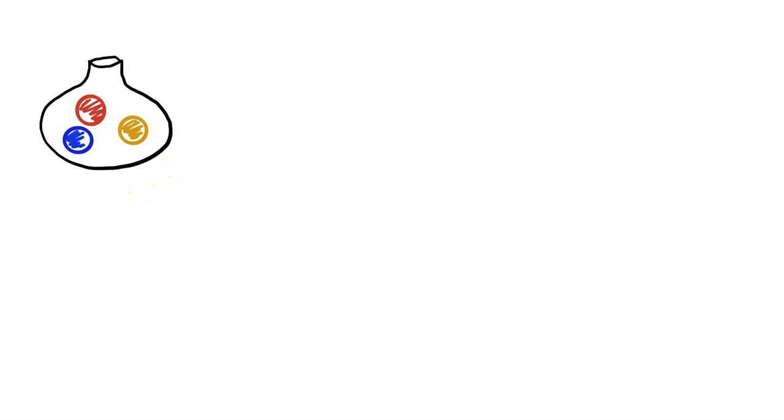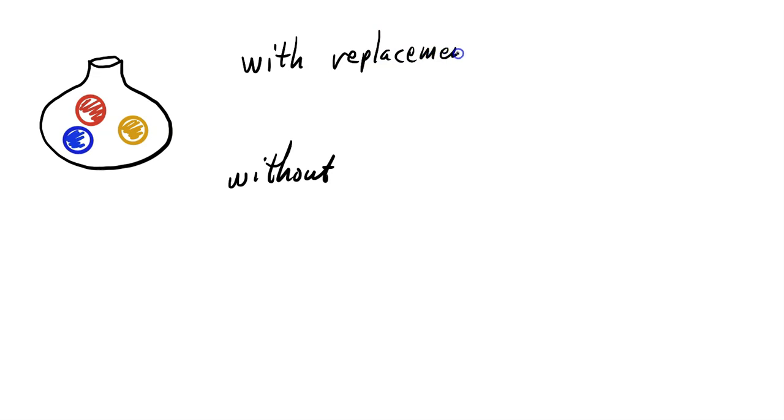So I pick balls one at a time, or I can also pick at the same time, but I pick balls from here with or without replacement. And that means that when I draw a ball, if I draw it with replacement, after I draw one ball, I put it back before I draw a new one.